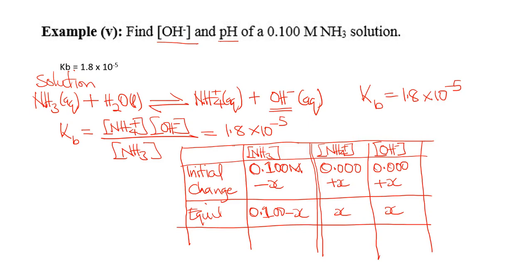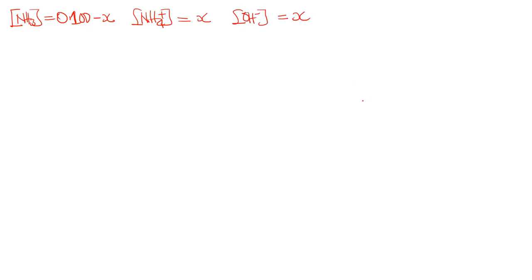So if I rewrite this information, the concentration of NH3 is 0.100 minus X. The concentration of NH4 plus is equal to X. The concentration of OH minus is equal to X. But remember, our Kb is given by NH4 plus times OH minus over NH3.